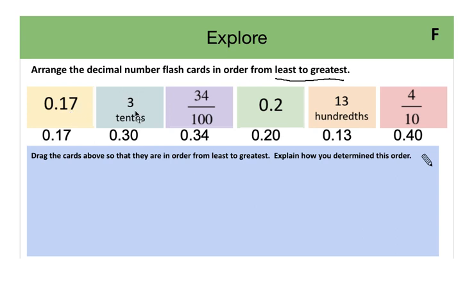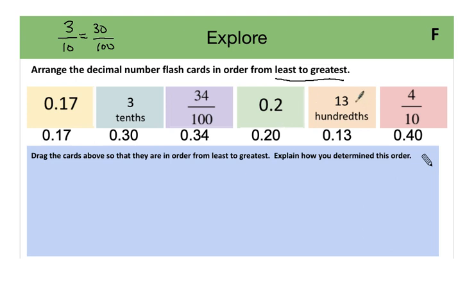For 3/10, while we would normally write it as 0.3, I added a 0 here because we know that 3/10, if I write it as a fraction, as we looked at in the previous lesson together, is equivalent to 30 hundredths. And I wrote this fraction as a decimal as 34 hundredths. This decimal was 2/10, but I know 20 hundredths is equivalent to that.